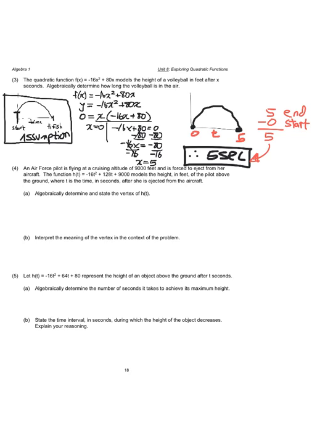Because if you look at the next one: algebraically determine and state the vertex. Interpret the meaning of the vertex. Number of seconds to reach the maximum height, so vertex again. All right. State the time interval in seconds during which the height of the object decreases. So once you have the vertex, it's starting to go downhill. So these two skills are going to come into play big time, in conjunction with the stuff that we've been working on.